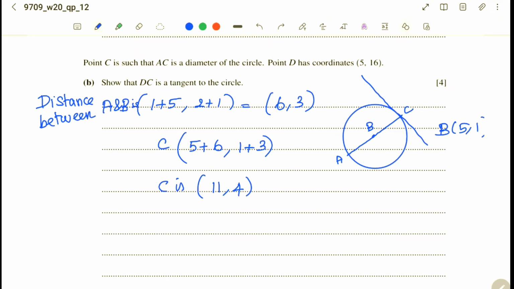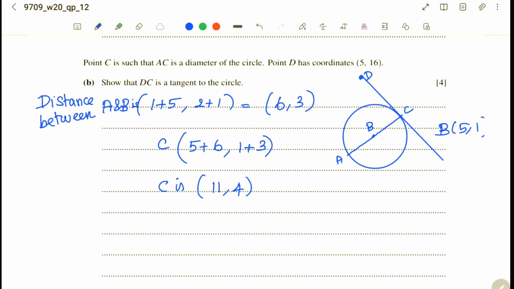Let me draw a line which is a tangent to the circle at the point C, and let me mark this as D. D is given as (5, 16).